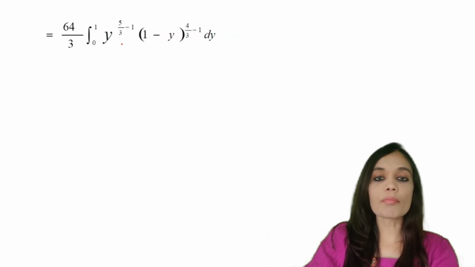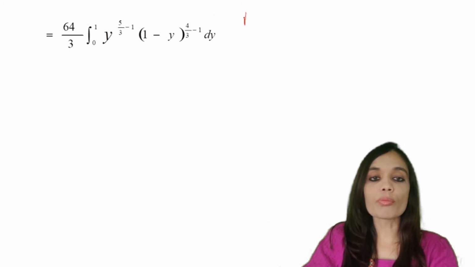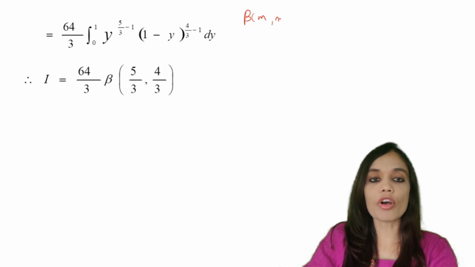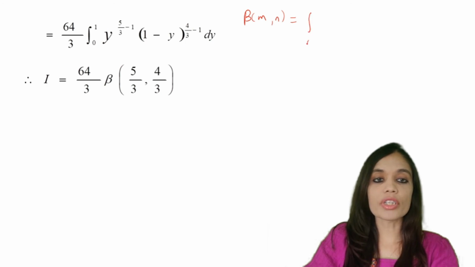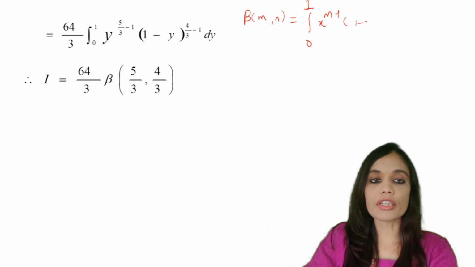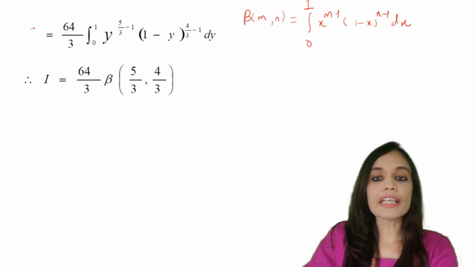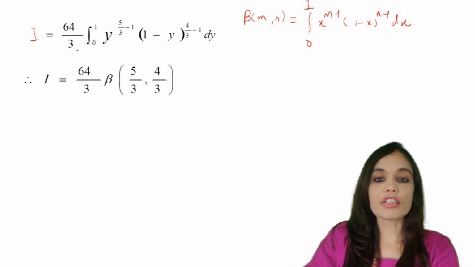So now we will compare this with our formula of beta m comma n, that is equals to integration 0 to 1 x raised to m minus 1 into 1 minus x raised to n minus 1 dx, right? So we have written I in the form of 64 by 3 integration 0 to 1 y raised to 5 by 3 minus 1 into 1 minus y raised to 4 by 3 minus 1 dy.